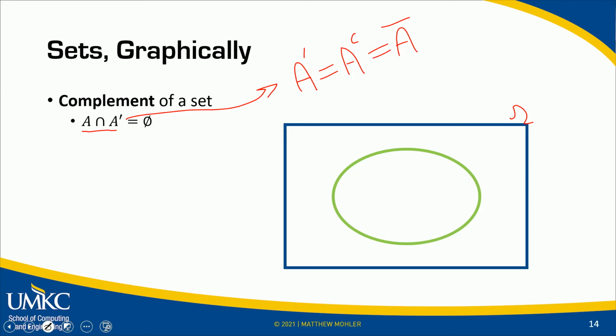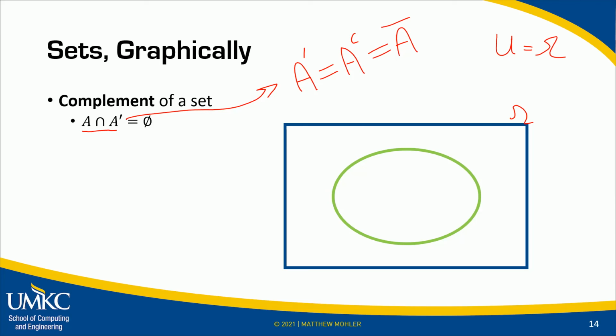And for those that are more familiar with some of the discrete mathematics, you may have seen this written as a U, where U is your universe. The U and omega are ultimately the same thing. In probability, we tend to use the capital omega for most of our world or universe representations.